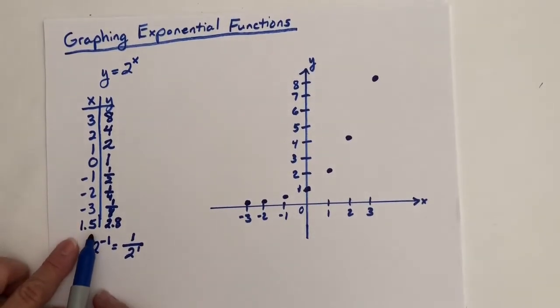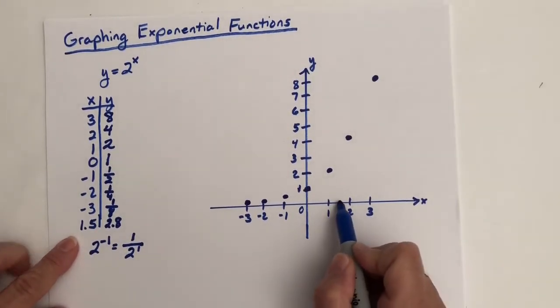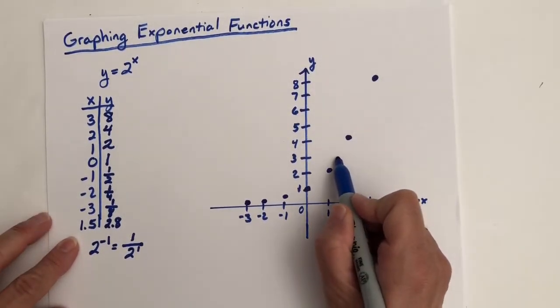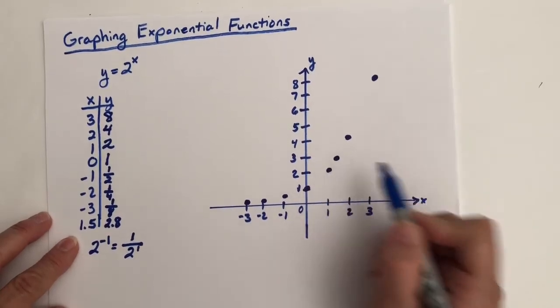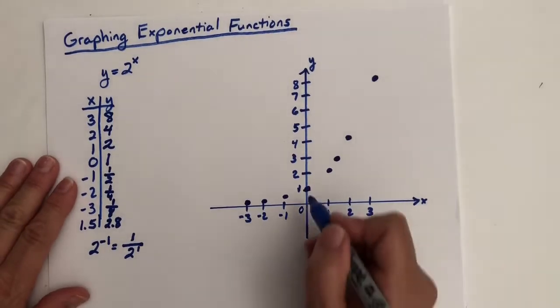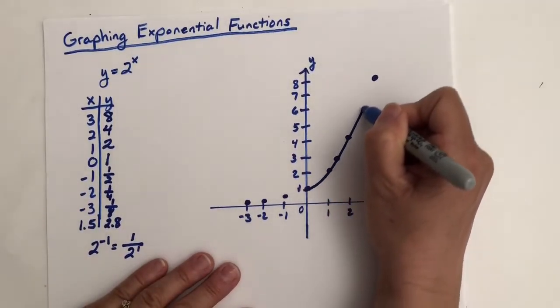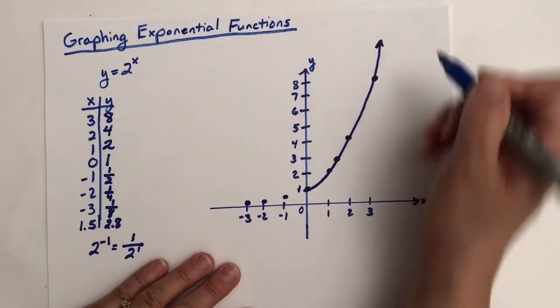And right here, let's even pop in this 1.5, 2.8. So 1.5, 2.8 is about right here. And we'll make a smooth curve through these points, or as smooth as I can make it. And we see we have a graph that looks something like this.